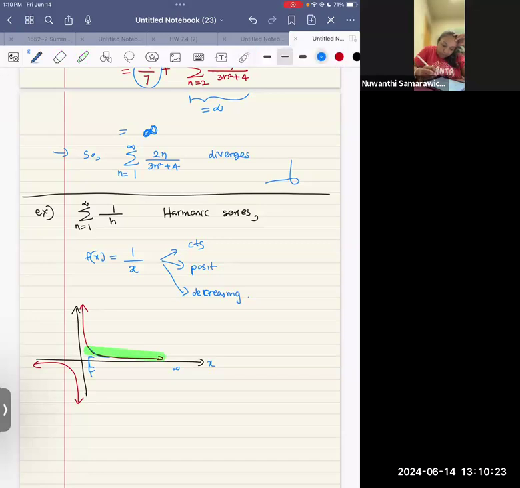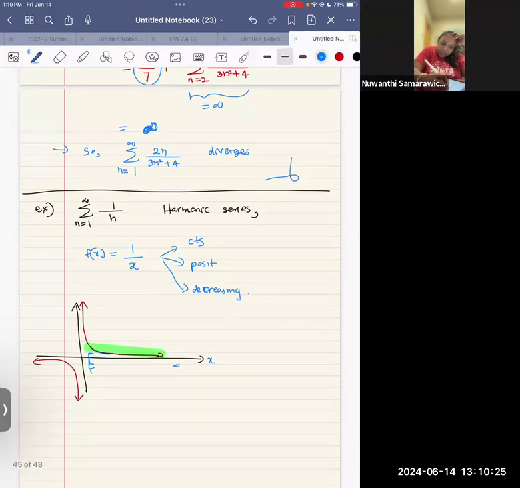So now what do you think? If you consider this part, is it continuous? Yes, right? Because there are no holes or any discontinuity. That is continuous. Then is it positive in this part of the graph?